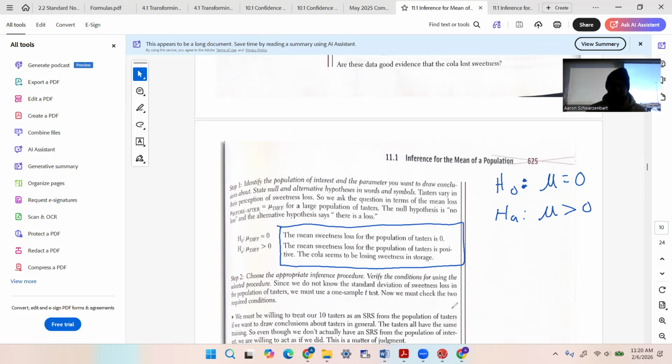We're willing to assume that. So step 1, step 2, SRS, check. Now we've got to assess normality. You cannot just say check on this. You need to actually discuss why you are willing, because it does not say that it is an SRS. You have to be willing to say that you will treat it as an SRS.